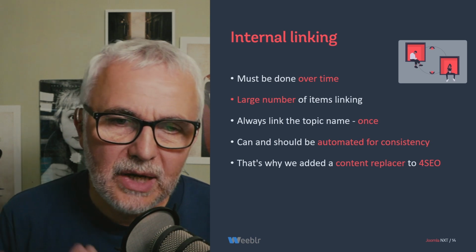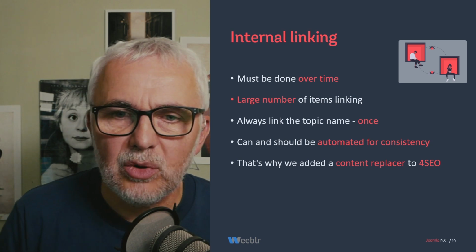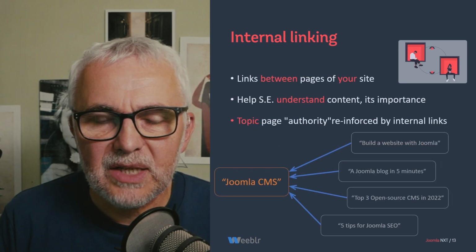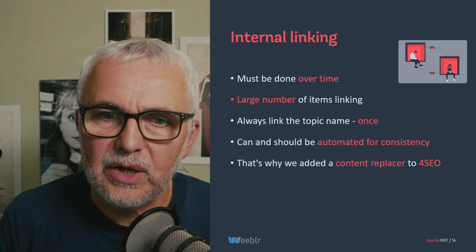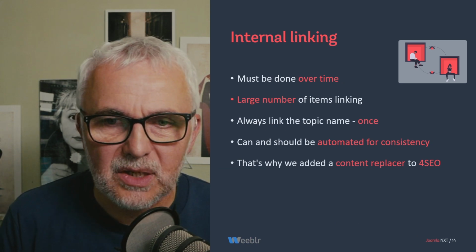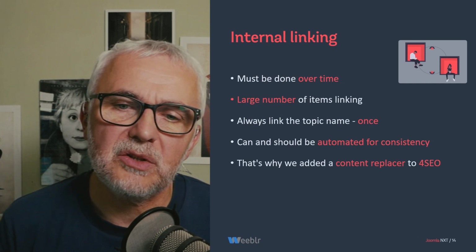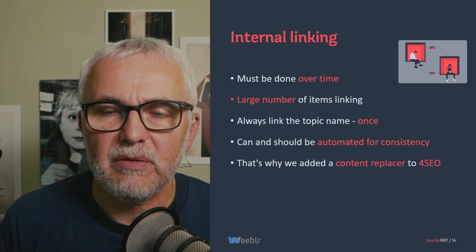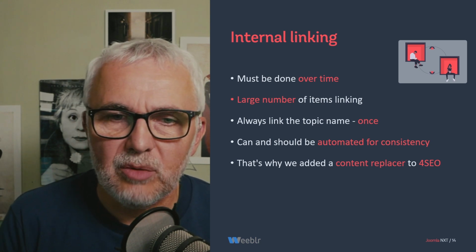You need to link to the topic name, like in our example, Joomla CMS. In all these sub-pages, we need to link to the topic name only once. And like I said, this has to be very consistent. Each of these sub-pages should be linking properly to the main topic page.